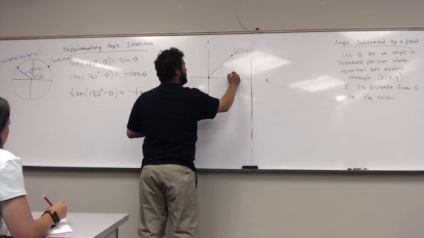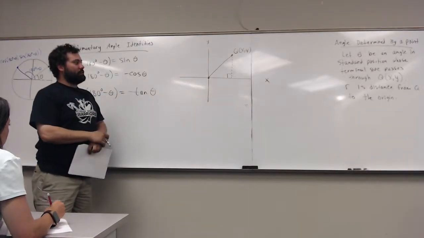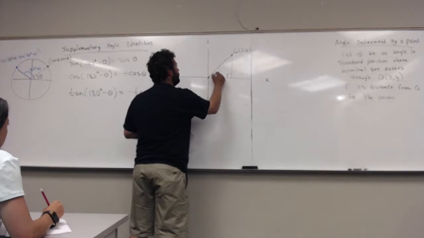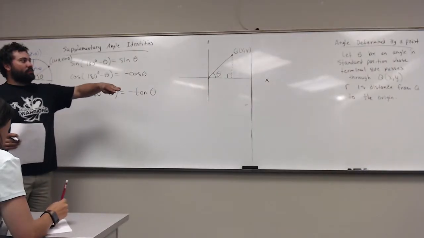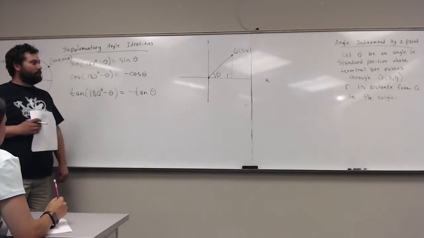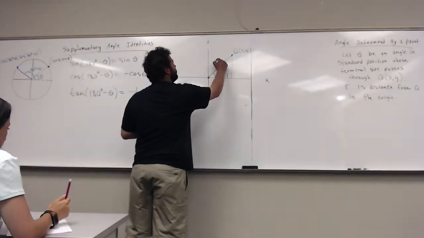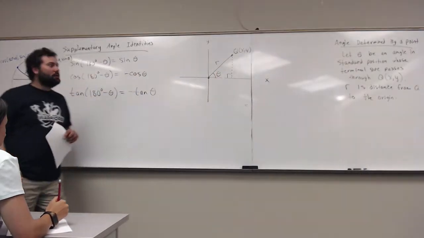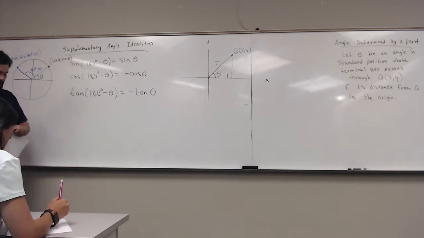I'm going to draw a perpendicular to the x-axis to form a right triangle. And then theta is the angle in standard position whose terminal side goes through that point x, y. And this up here is going to be the distance r, the distance from the origin to that point Q.